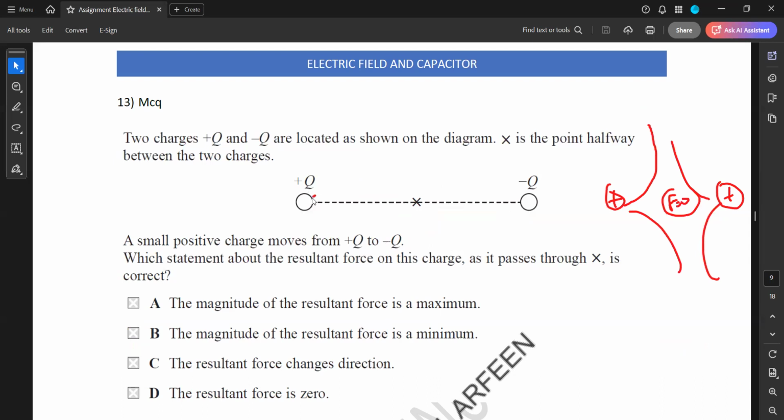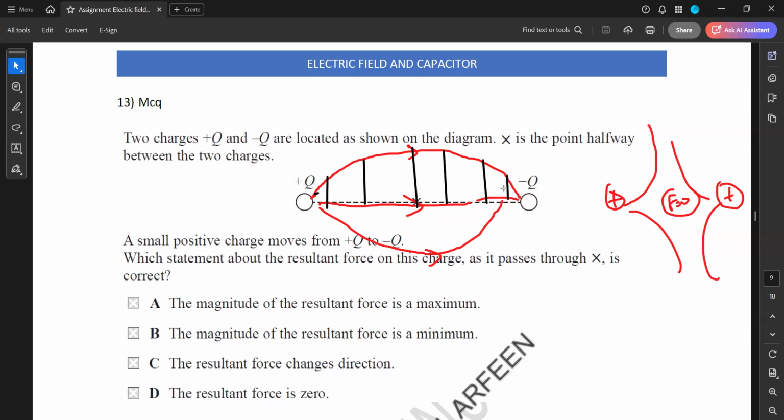But for opposite or unlike charges, we draw the field lines out from positive and into negative. The spacing between the lines shows the strength of the field. When we move here, we have small spacing, so the force is stronger. Then the force gets weaker, then it is the weakest or minimum. And then again the force will start to increase as the spacing between the lines decreases.